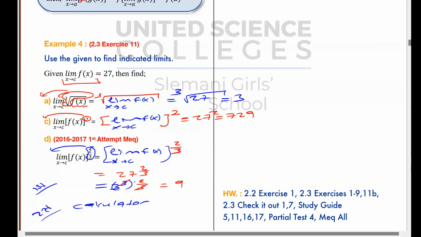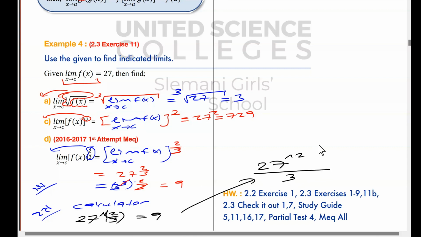All right? The second technique is using your calculator. When you use your calculator, most of the students make a mistake by typing this in the calculator without brackets. What you need to do is write 27 to the power of 2 over 3 in brackets. Otherwise, if you don't put brackets and write 27 to the power of 2 over 3 like this, this is what your calculator will do, and that's a big mistake.